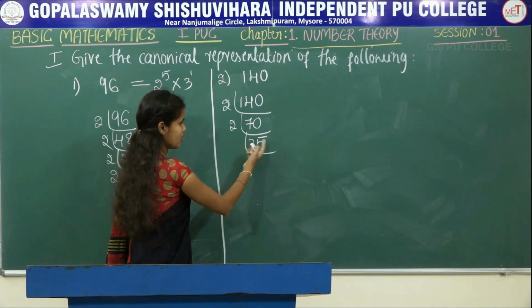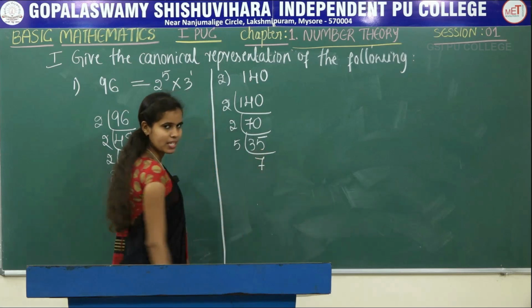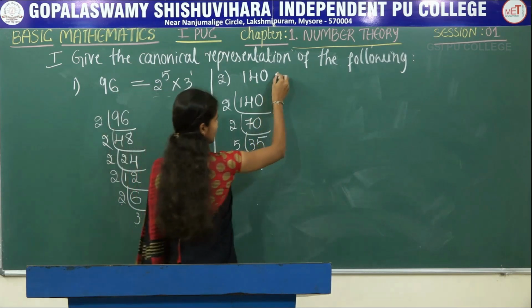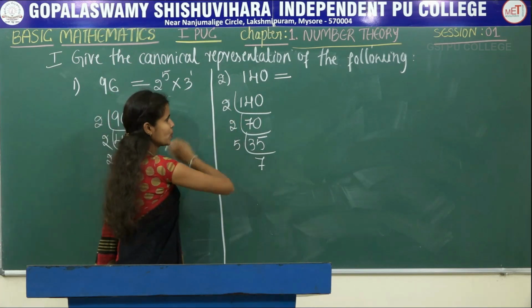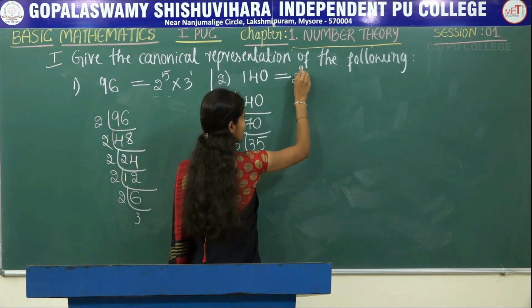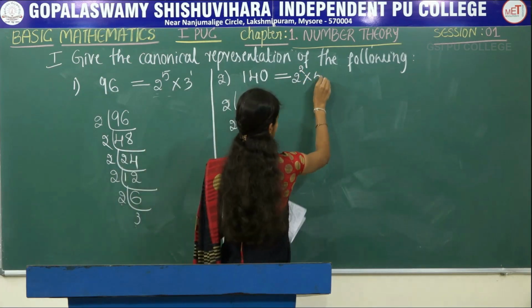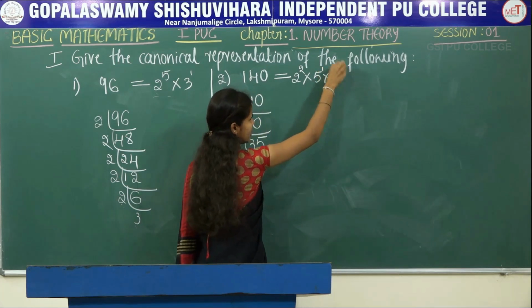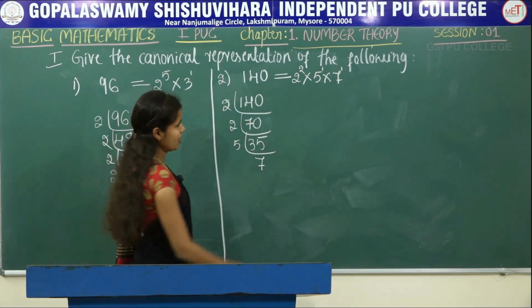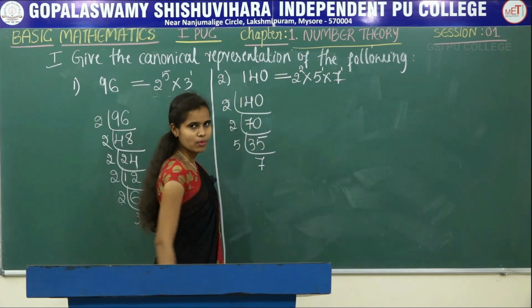It is not divisible by 3. Next consider the next prime number 5. 5 times 7 is 35, and 7 is a prime number. So this can be expressed as 2 into 2, 2 two times, so 2 to the power of 2 into 5 into 7, or 5 to the power of 1 into 7 to the power of 1. This is the canonical representation of 140.